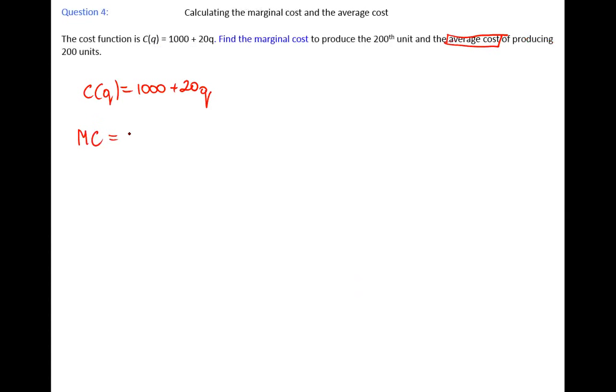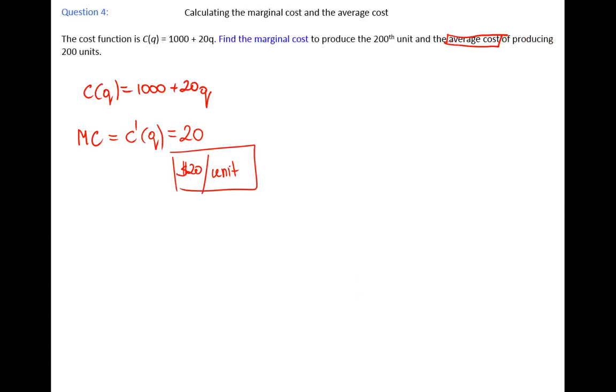We remember that the marginal cost is simply the derivative of the cost function. If I take the derivative of this function, 1000 will give me 0, and 20Q is just 20. That means the marginal cost to produce the 200th unit is $20 per unit, because it's the rate of change.